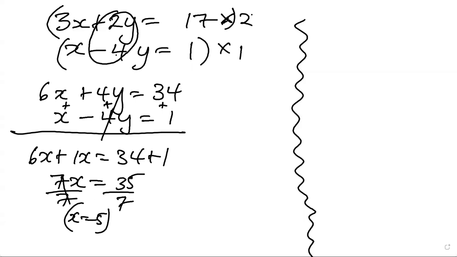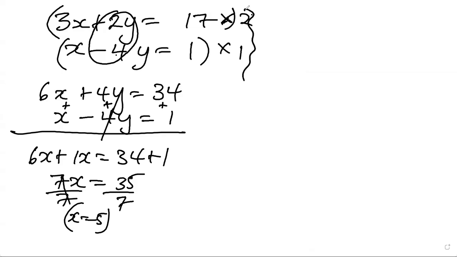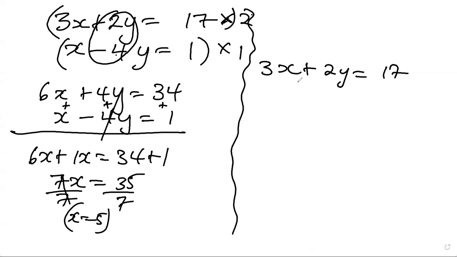So we can substitute now. Because we know x is 5, we can just substitute in any one of the equations. We use equation 1 since it's positive. We can avoid the negative, guys. Just avoid it, right? So 3 times 5.